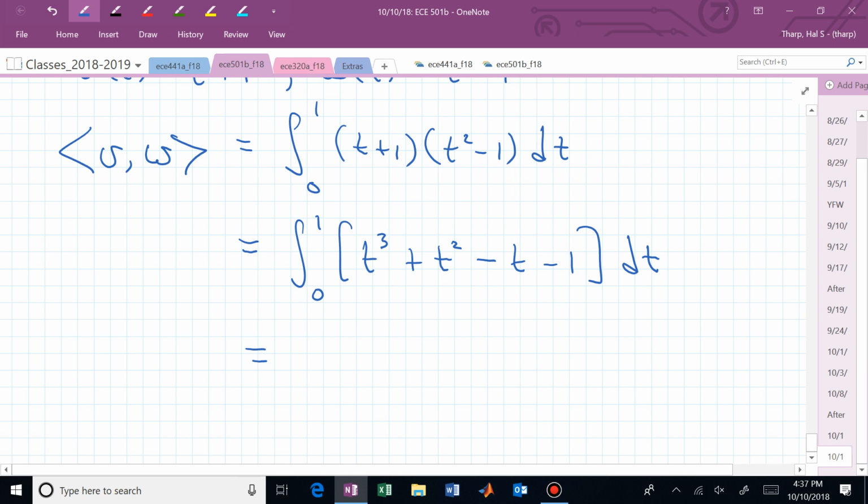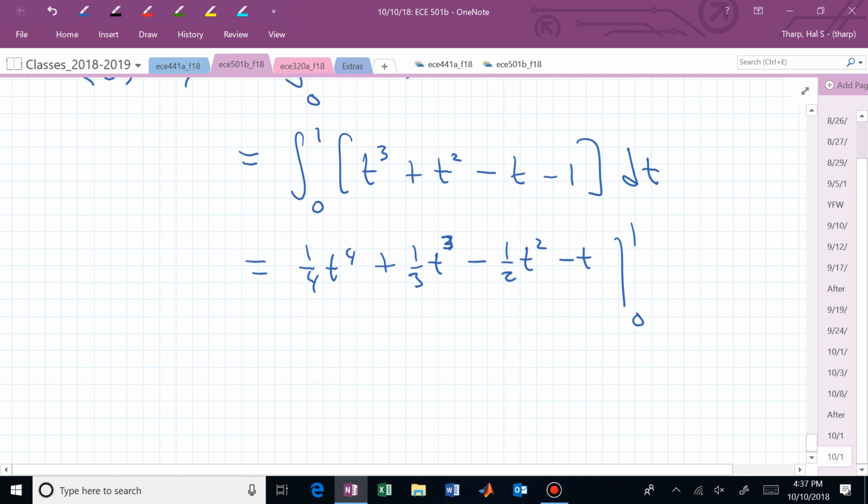Now I have 1/4 t to the 4th plus 1/3 t cubed minus 1/2 t squared minus t evaluated at 0 and 1. The lower limits all vanish because I have a t in every term. I now have 1/4 plus 1/3 minus 1/2 minus 1.